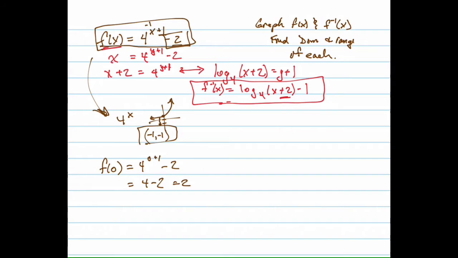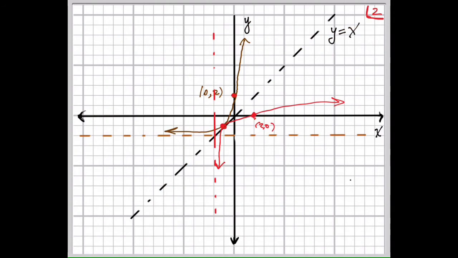This was a shift of your base log graph, which looks like this, approaching the asymptote of the y-axis, and I'm shifting it left 2 and down 1. So the asymptote shifts over to -2, and this point shifts down 1. Sure enough, that's exactly what I have there. So there's your graph, there's your answer.